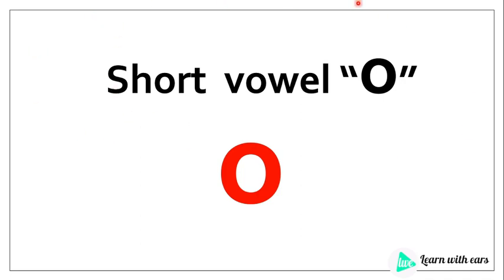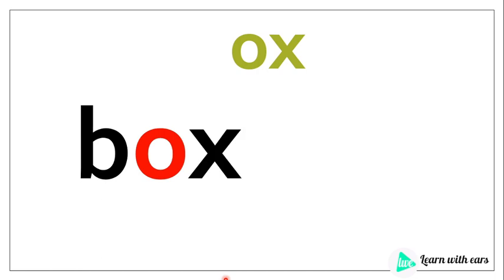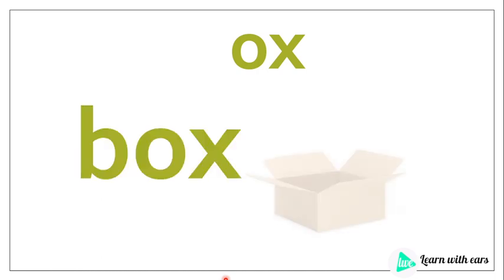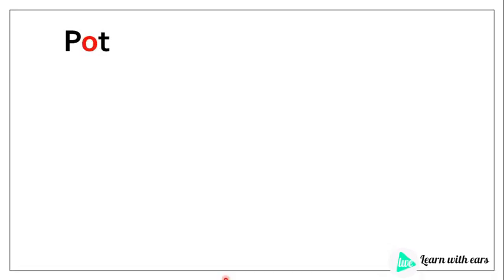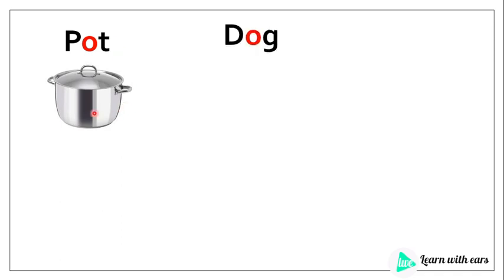Now let's learn short vowel O. And the sound of short vowel O is ah. Ox. B, ox, box. P, ot, pot. It's a pot. D, og, dog.